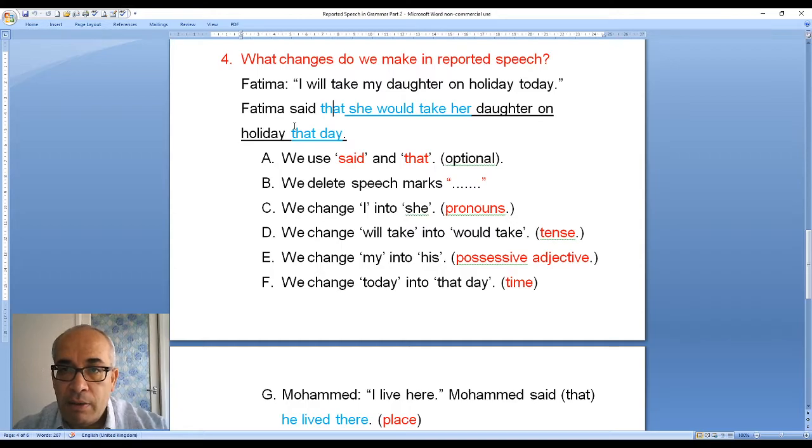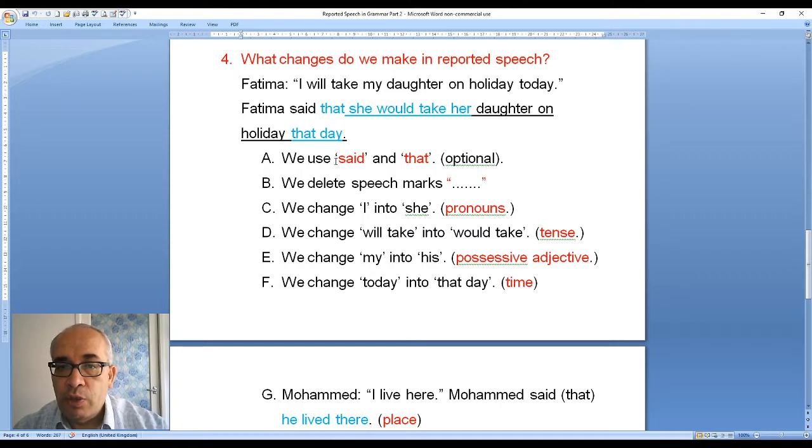And if you remember from reported speech, part 1, I said in reported speech or indirect speech, we must make grammatical changes. So what do I do? What are the changes which I have to make in reported speech?